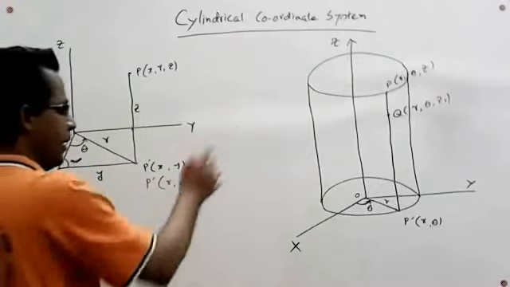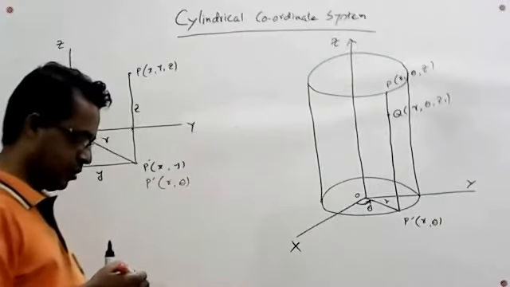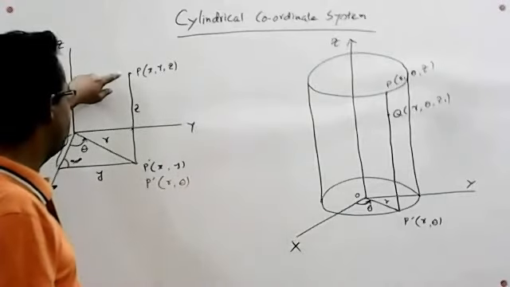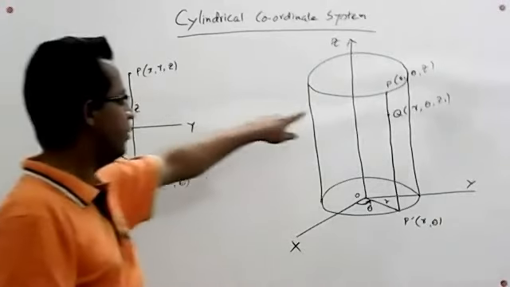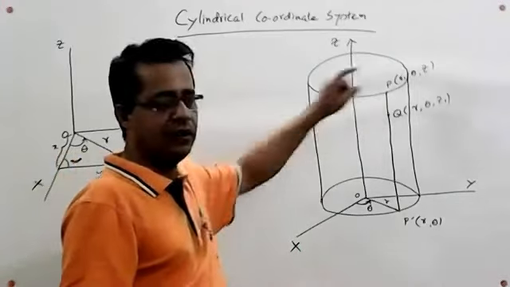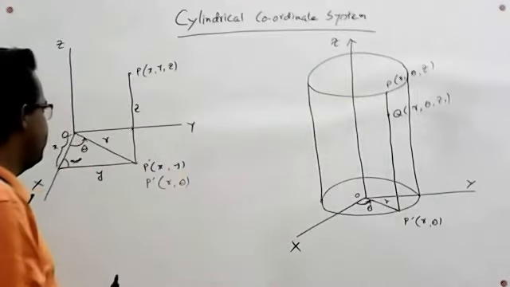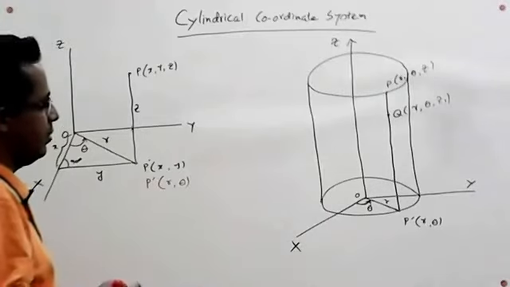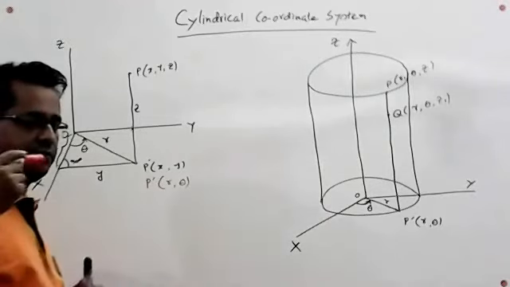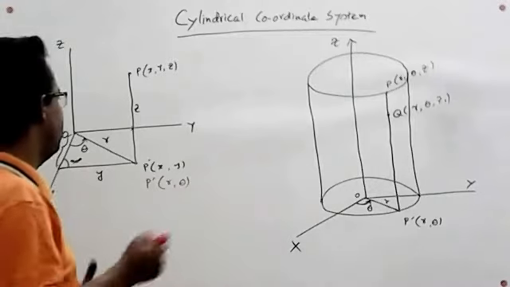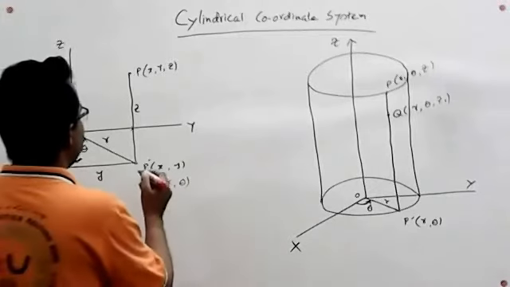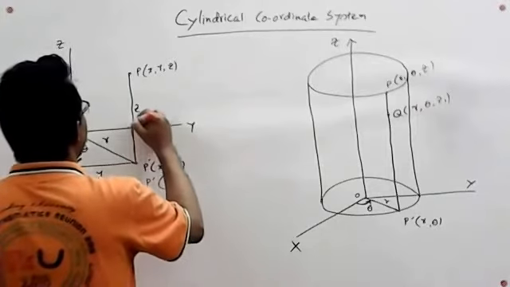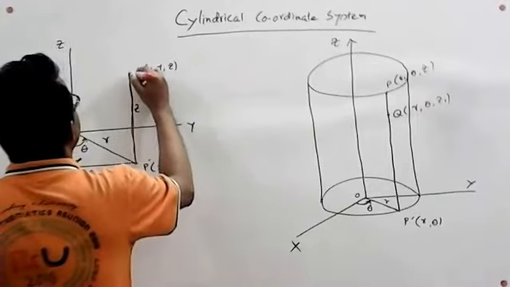And as we show here, by the 2-dimensional polar coordinate system, we cannot measure a 3-dimensional point P, which is situated on the curved surface of the cylinder. So, if we have to measure or locate this point properly, we have to make another axis along the z-axis, which is already shown here.